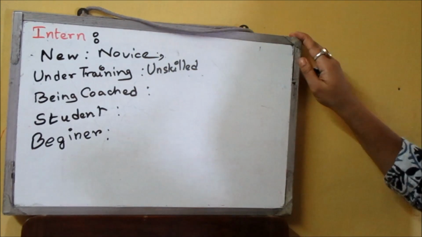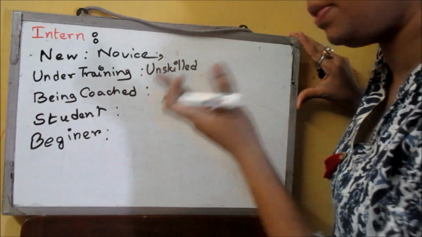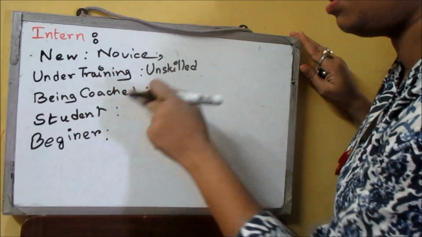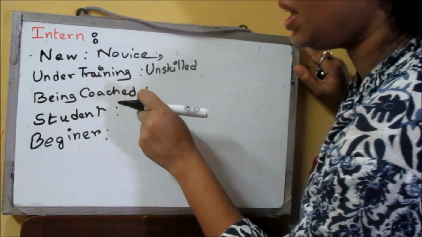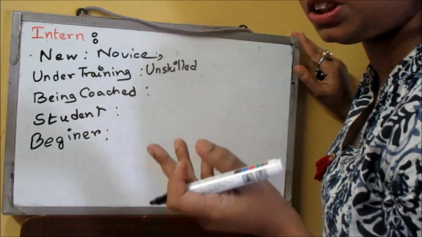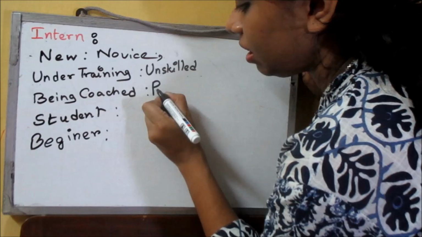We can say that he is under probation because he is being coached. The word probation means training. So a person who is being coached is under probation, and a person under probation is known as a probationer.